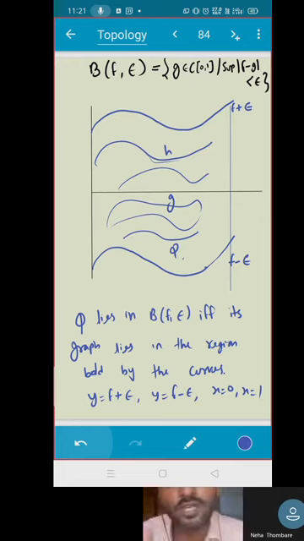So these are the four curves I'm bounding. ये हो गया x equal to 0 का curve. This is x equal to 1. This is y equal to f plus epsilon, y equal to f minus epsilon. So this is the open ball in C01. Do you all agree?